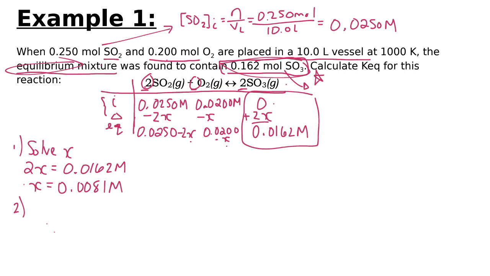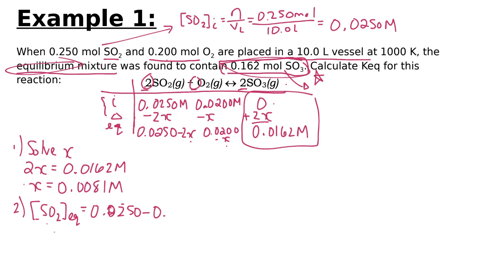So what we could do here is, I would be tempted to solve for the equilibrium concentrations of both my reactants. So let's do now the concentration of SO2 at equilibrium. So notice how I put these little subscripts of I or EQ, just so we keep everything straight. And so I should have 0.0250 minus 2x.